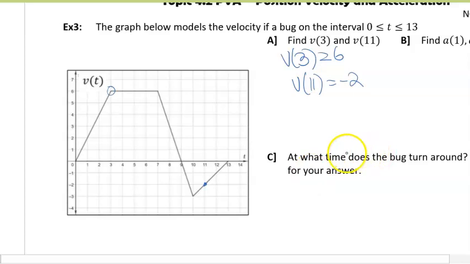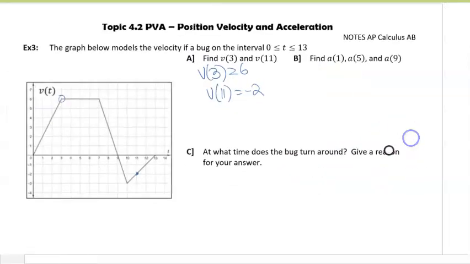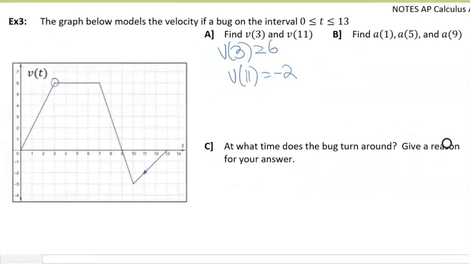Okay. It says find acceleration, so a of 1, a of 5, a of 9. So that means this is v prime of 1. A of 1 equals v prime of 1, which means the slope, the rate of change. So looking at 1, this slope looks like it goes up 2 over 1. So that's going to be 2.